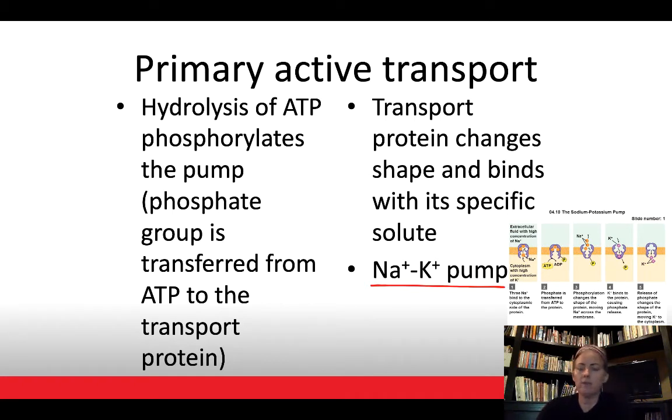And so what we have here is we have ATP hydrolyzing to ADP and inorganic phosphate to basically prime our pump so that we are able to move 3 sodiums outside the cell, and we're able to pump 2 potassium ions to the inside of the cell. And so this is what your sodium-potassium pump looks like.